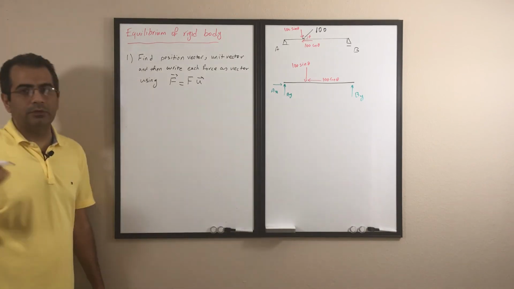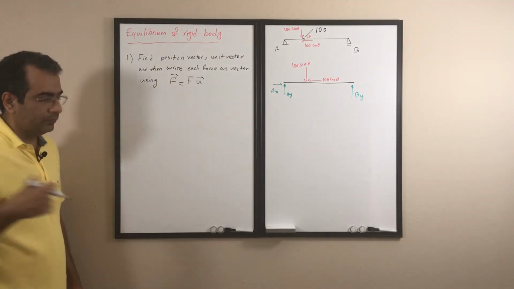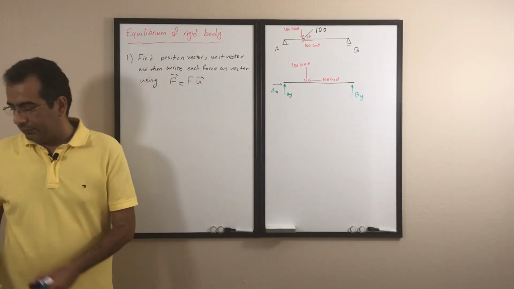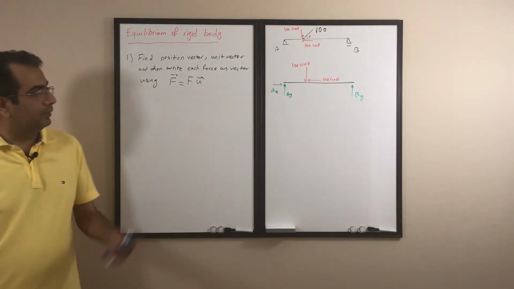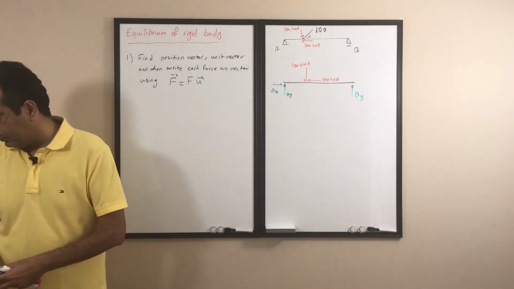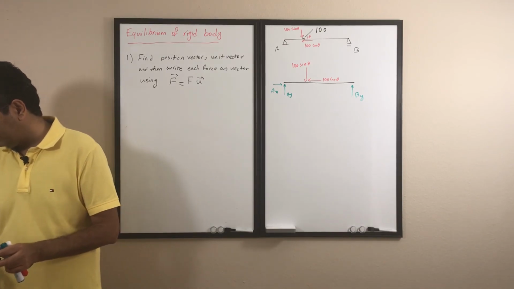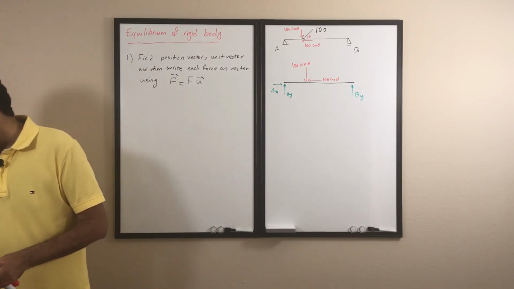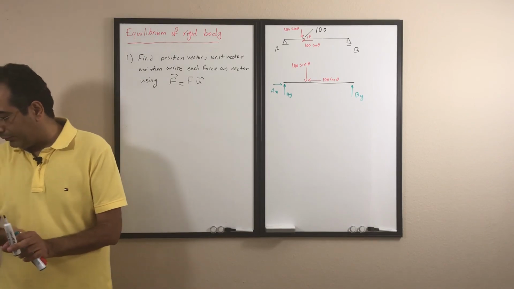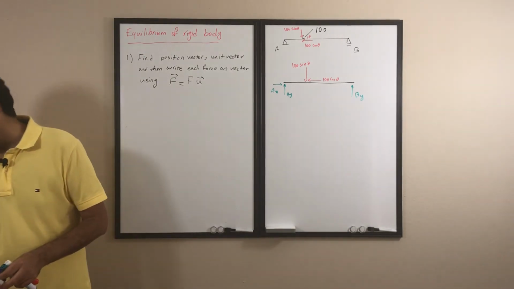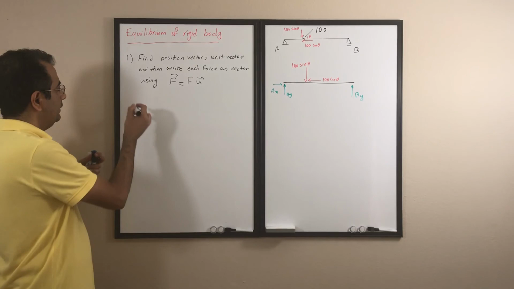So for each force, the very first step is to find the position vector, find the unit vector, and then find the force for that specific force. That's what we need to do, and then do the free body diagram.